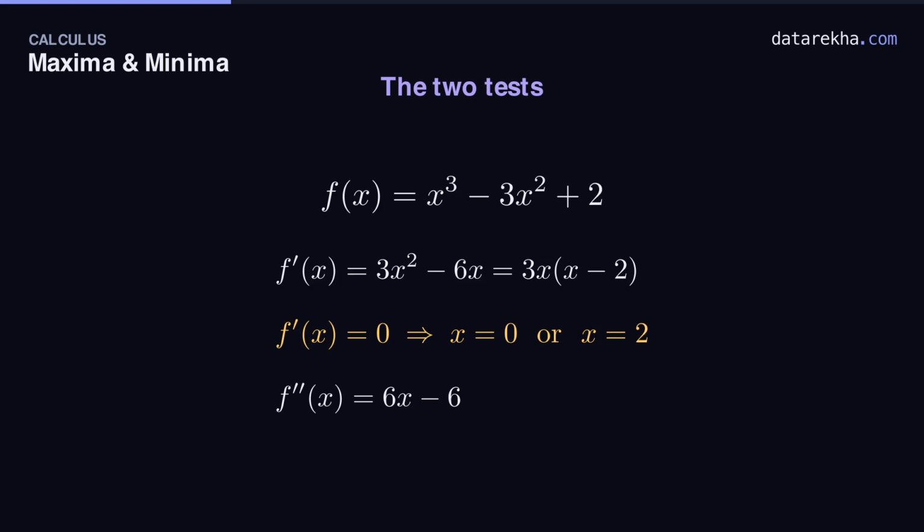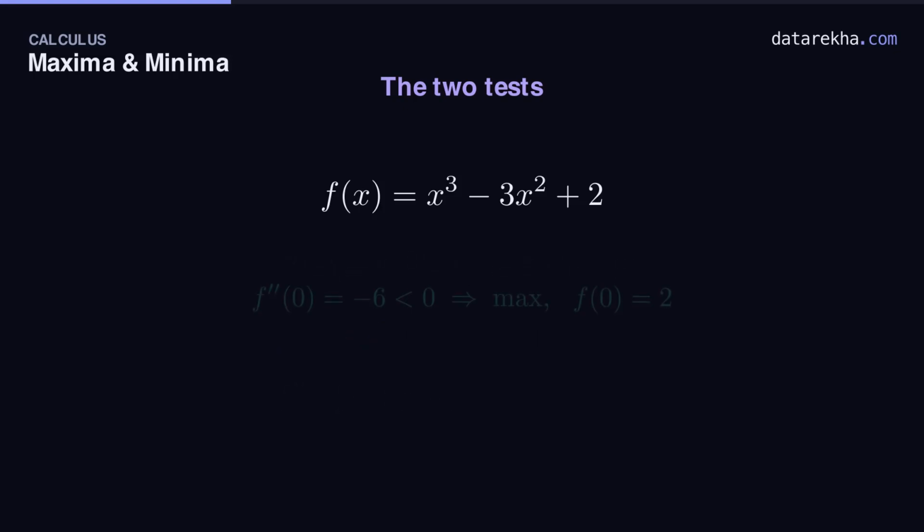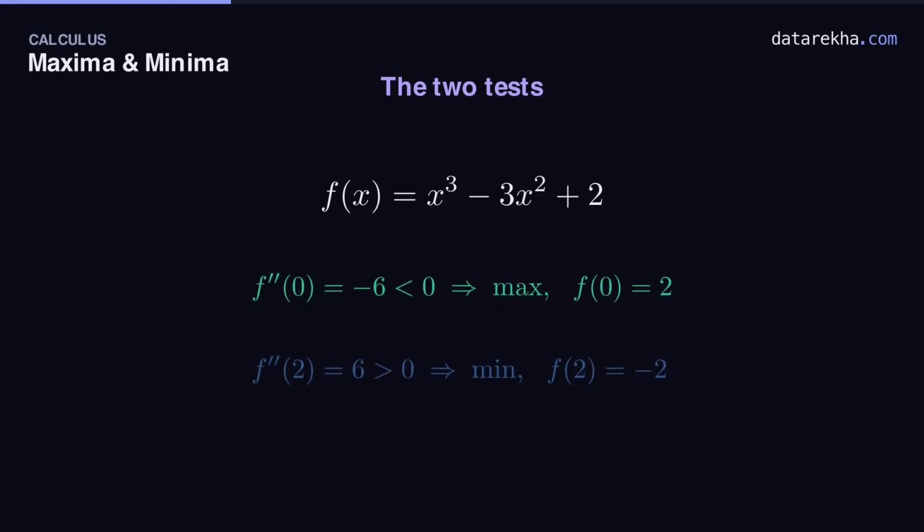Differentiate once more for f'': 6x − 6. At x = 0, f'' is −6. Negative, so a local maximum, and its height is f(0) = 2. At x = 2, f'' is +6. Positive, a local minimum, sitting at −2. Two flat spots, cleanly classified.